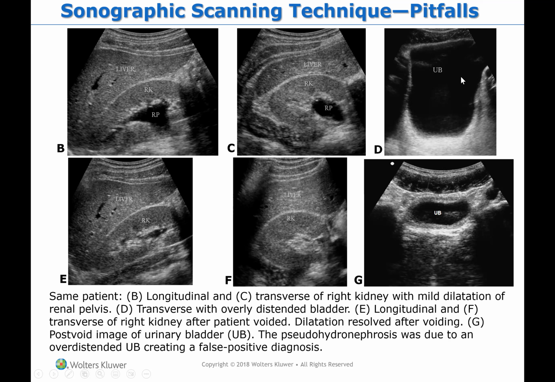Now, you can have the patient go to the bathroom, and after you scan, look how the kidney looks now. You don't see the dilatation of the renal pelvis. It corrected itself, because it was a false positive called pseudohydronephrosis, due to an overextended urinary bladder. So if you see renal dilatation or hydronephrosis and a very full bladder, have them go empty it so you can make sure that it's real.